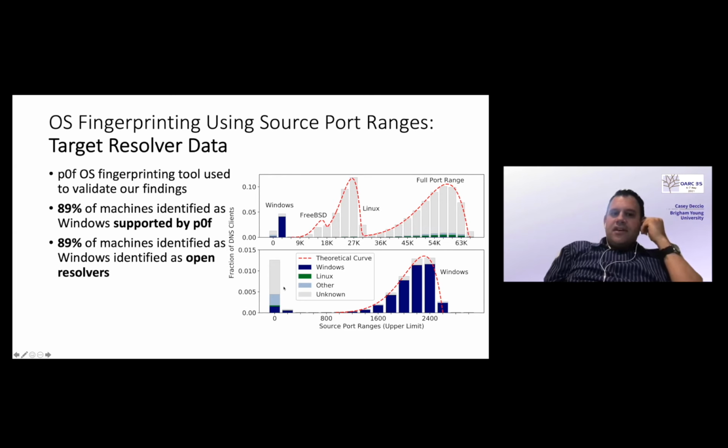So we can see the number of Windows systems, the Linux systems, and FreeBSD that showed up here. Because these ones use the full source port range, we can't identify a given operating system. It was interesting to break that down, and the full numbers are in our paper.